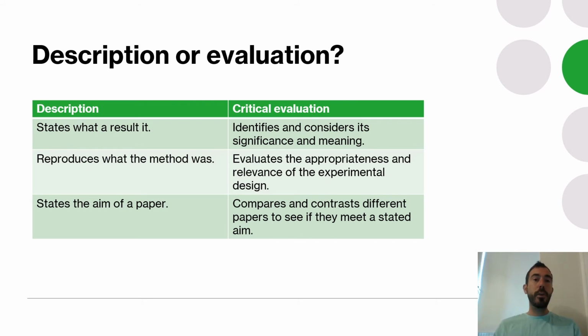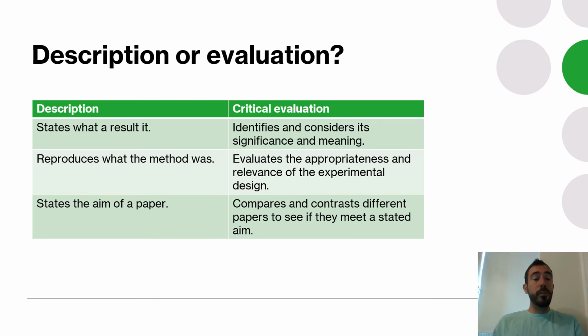Description would be when you reproduce the details of a method. Evaluation would be when you consider the appropriateness and relevance of the experimental design, the challenges and limitations or opportunities of using that method to consider which approach may work best.